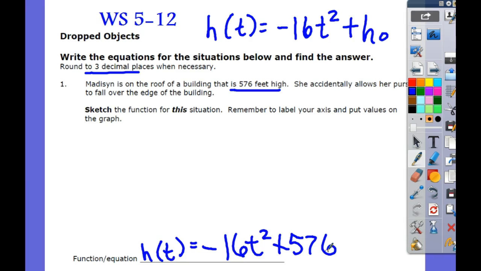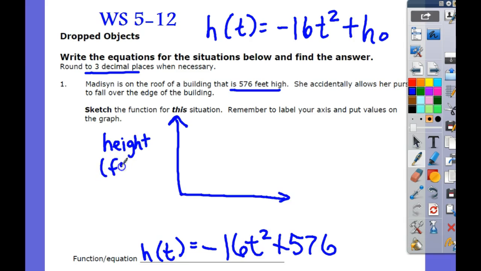Now this middle space in here says sketch the function. Make the graph, in other words. This axis over here is going to be the height in feet. This axis down here is going to be the time in seconds. How high does it start?